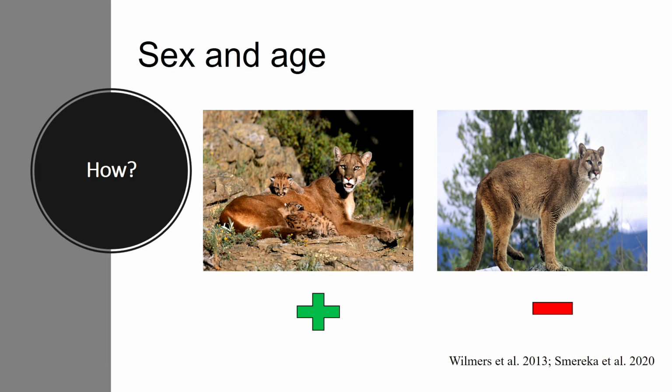In our study, we took into account the sex and the age of the pumas because, for instance, previous studies found that female pumas with cubs visit human-dominated landscapes more frequently because they can catch easy prey like domestic prey.